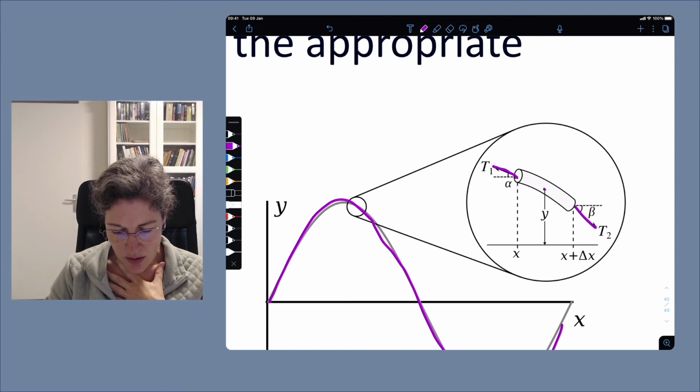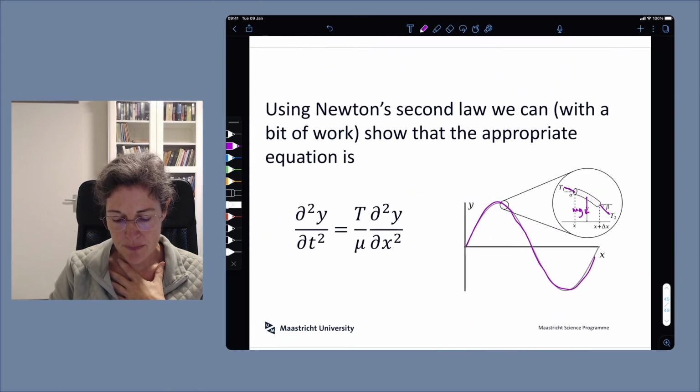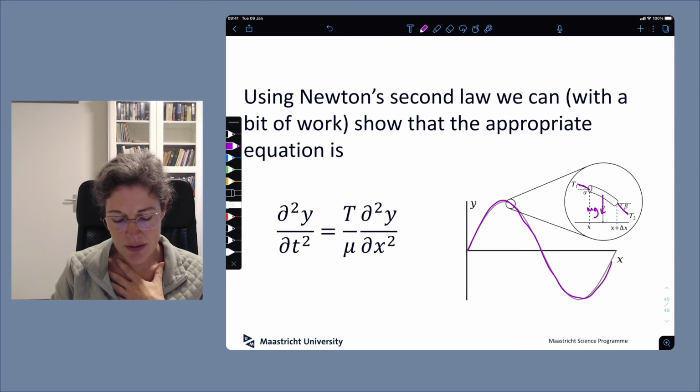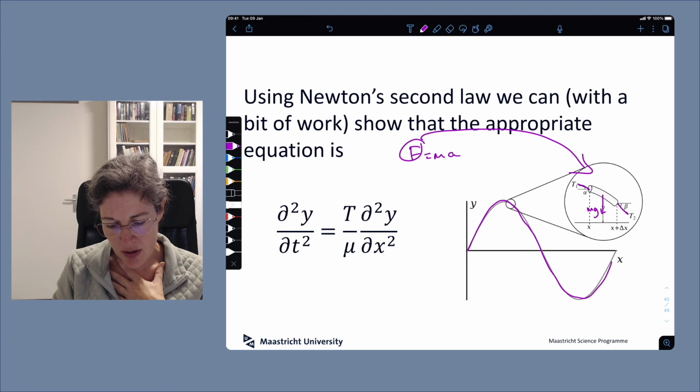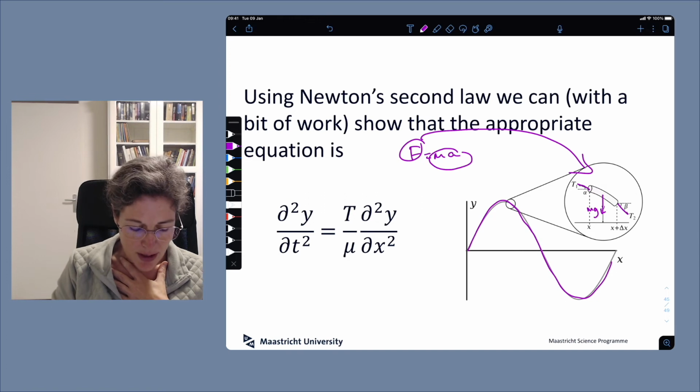We know that it's got gravity acting down here, so this little mg there. So you can put together your force diagram, and then using your F equals ma, you model the force based on this, and then you make the equation F equals ma, and overall what you end up with is an equation that looks like this.